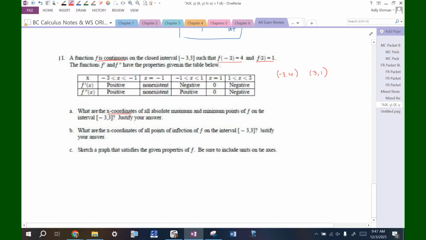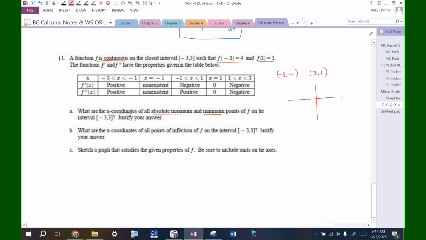All right, so part A. What are the x coordinates of all the absolute maximum and minimum points of f on the interval -3 to 3? Remember this is a continuous function, and f prime tells us whether f is going up or down. I'm just going to do a rough sketch here.